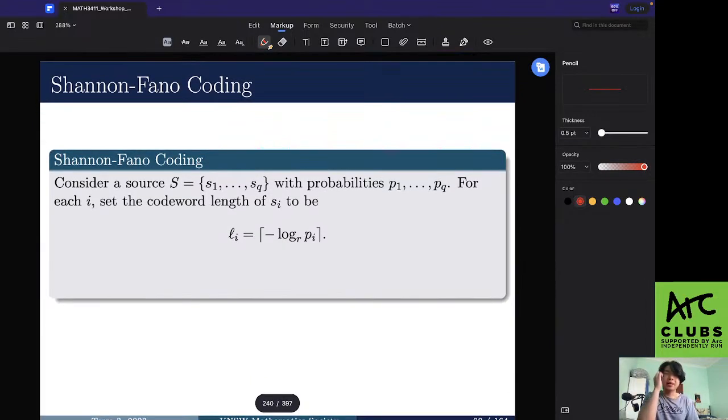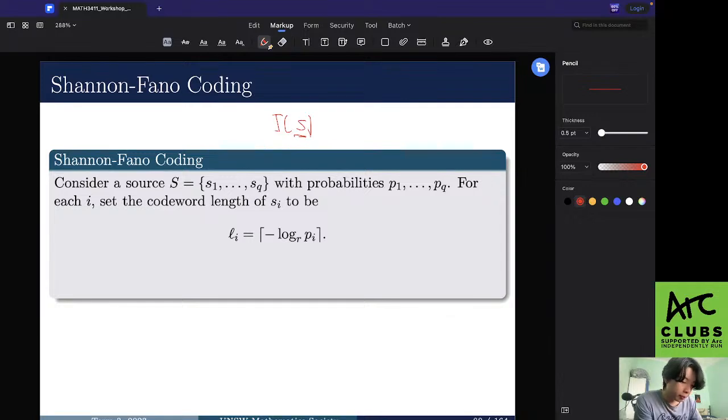You might be wondering, hey, we know about information, but how do we actually use information? Well, we just said, hey, we know that the amount of information for S1, for example, represents the number of bits that we need to represent S1, so we can actually use this as a basis.